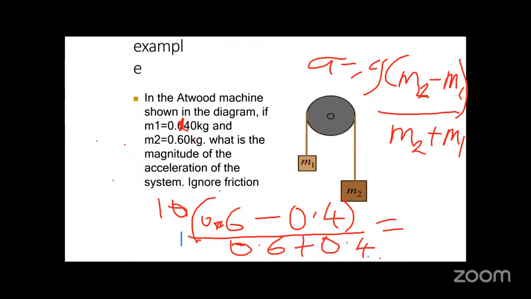So at the numerator, 0.6 minus 0.4 is 0.2. So 10 times 0.2 will give us 2. Then at the denominator, we have 0.6 plus 0.4 is 1. So our answer will be 2 meters per second square. A is equal to 2 meters per second square.